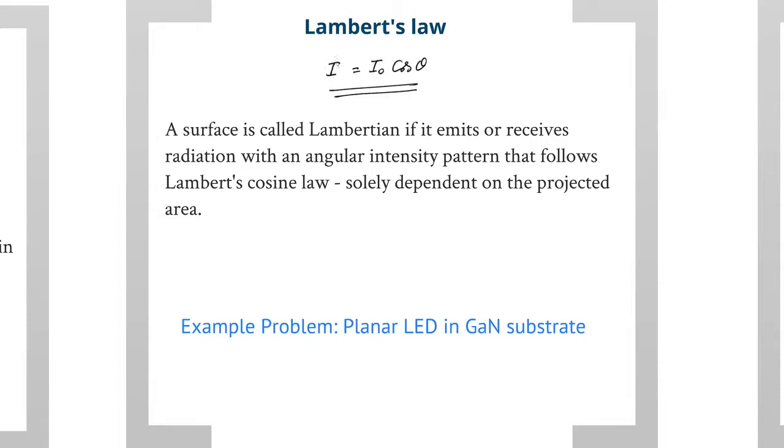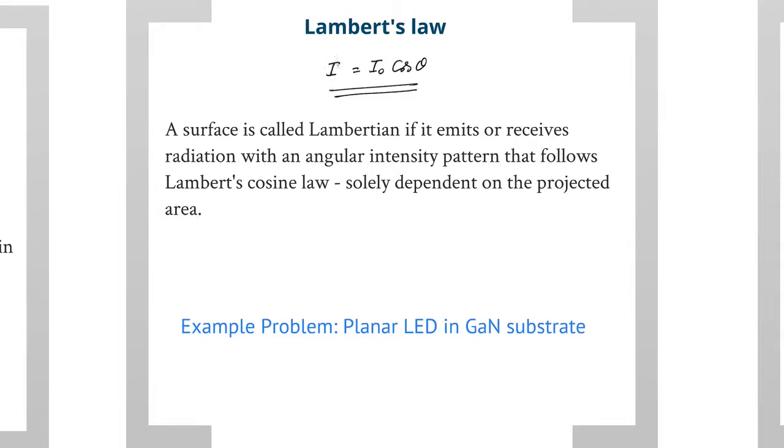So if I look at a source at different angles, and its intensity falls as cosine theta, it obeys Lambert's law, and it's called a Lambertian surface. Most LEDs turn out to be Lambertian. The key thing is that it only depends on the angle. It doesn't depend upon which part of the source you look at and so on. No sources are perfectly Lambertian, this is only an ideal situation.